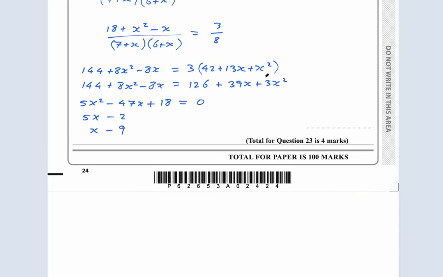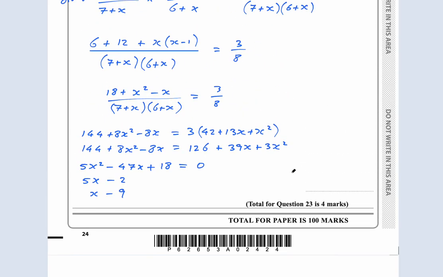Therefore, 5x minus 2 equals 0, which means x is 2 divided by 5.